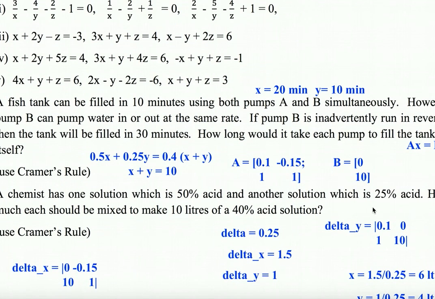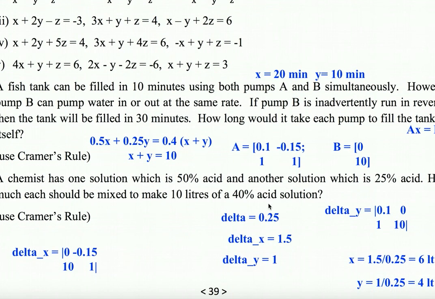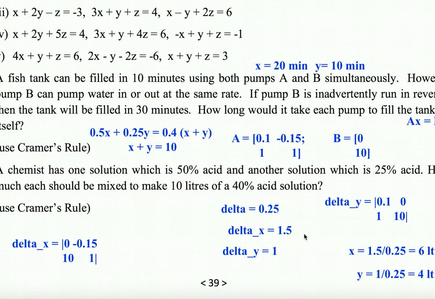Okay, now find delta. 0.1 plus 0.15, 0.25. Delta x, write like this: 0, 10 here, minus 0.15, 1 here, so delta x will be 1.5. What about delta y? Write 0.1, 1 here, 0 and 10 here, 1, this is 1.